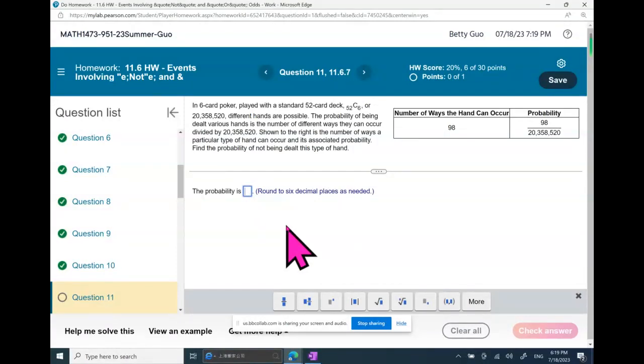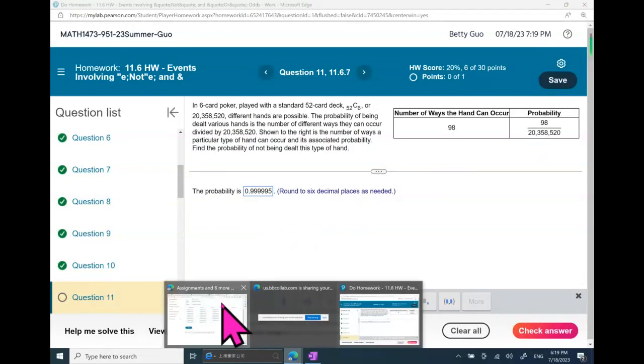It's very large because this number is very small. If you think about it, the numerator is shy of 100, and the denominator is 20 million. So if we round it to 6 decimal places, we're going to have 0.999995.